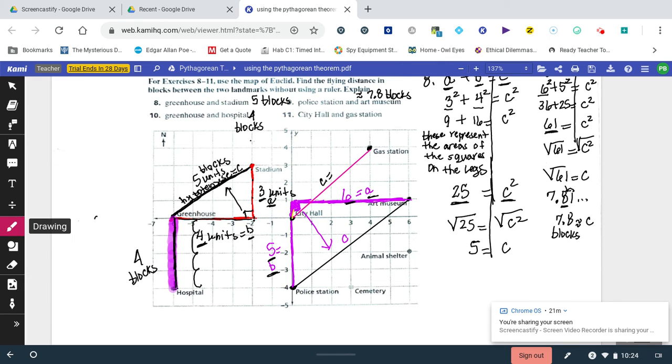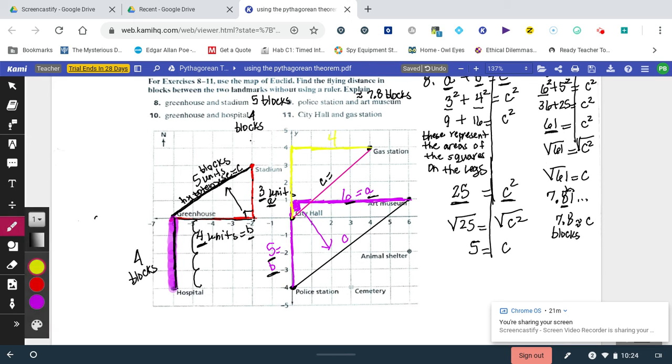All right, so I'm going above 1, 2, 3, 4, 4 units above, and then to get here, 1, 2, 3, 4. So each one of these distances is 4 blocks. Let me put that in a better color. 4 blocks.